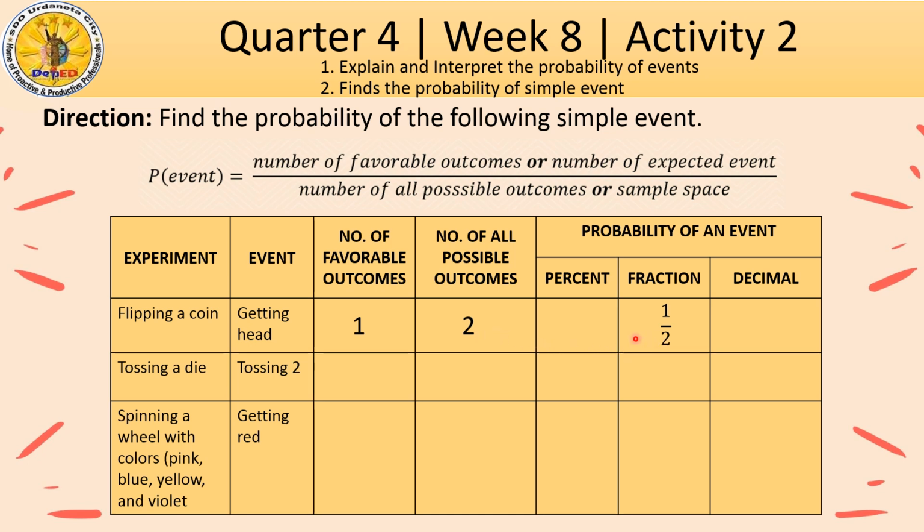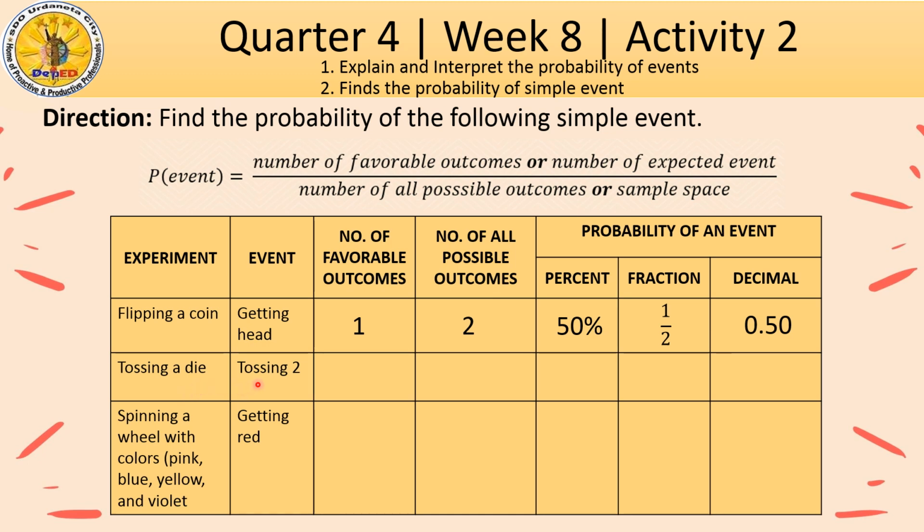Okay, now we will convert 1/2 to decimal first, and that is 0.50. And from 0.50, we will convert this to percent, and that is 50%. So, did you understand how did we get the answer for number 1? Okay, very good.